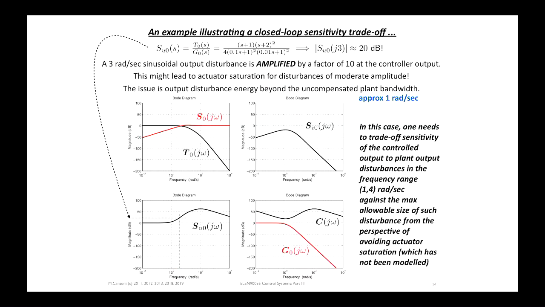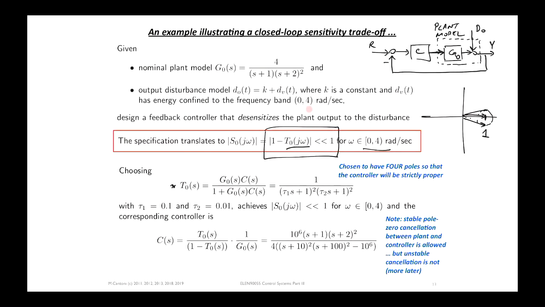So you can see that it amplifies the components of our output disturbance at 3 radians per second. Remember that our specification is saying that our output disturbance has frequency content up to 4 radians per second.